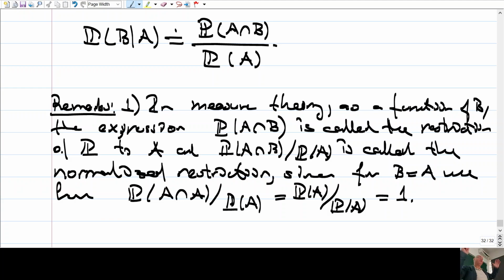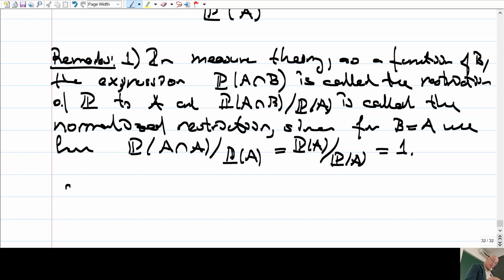In other words, we restrict our sample space from omega to A, so that A becomes itself a probability space. For that, of course, the total measure of A should be 1, so you rescale the original measure so that the measure of A becomes 1.